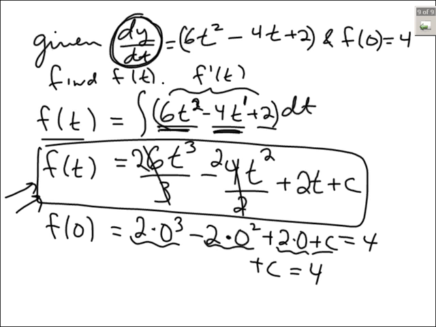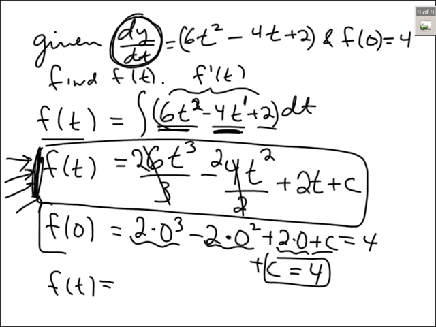So, with these two pieces of information, that is, we have f of t from this equation here, and we just learned that c is 4. So I'll update this equation right here by just saying, oh, c is 4. In fact, there's the answer.